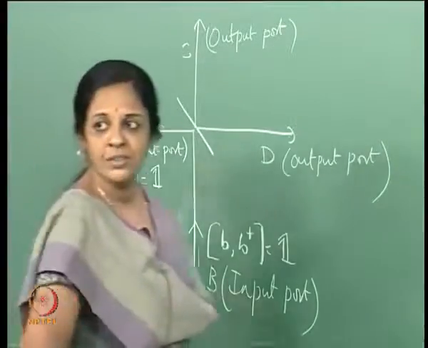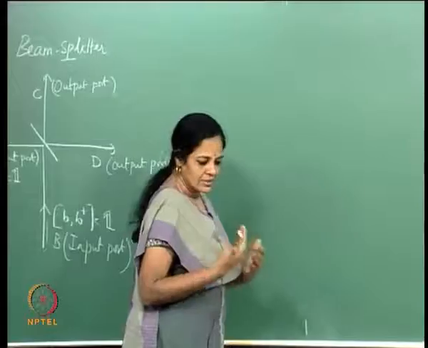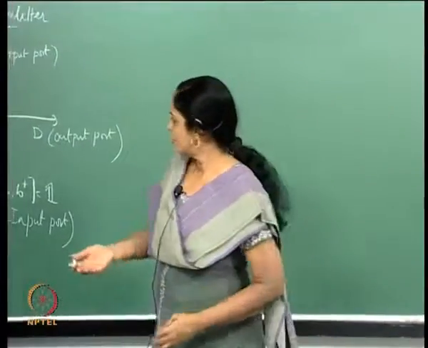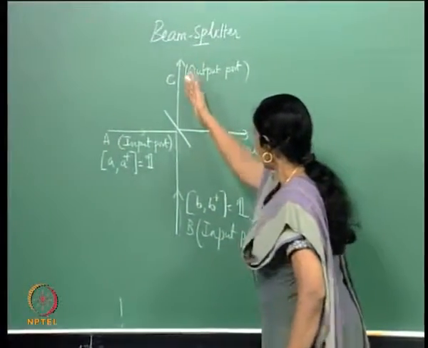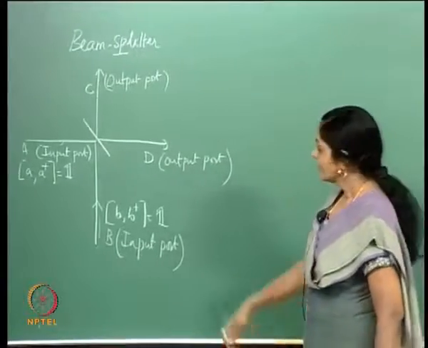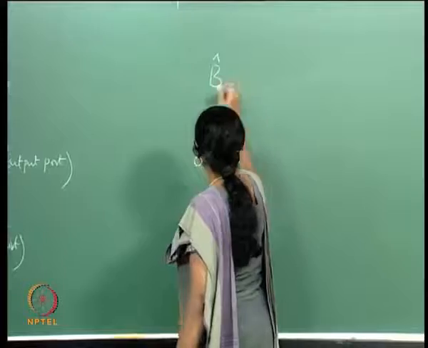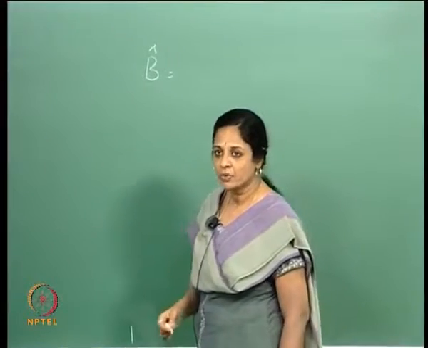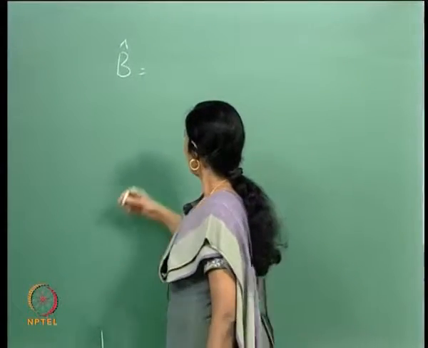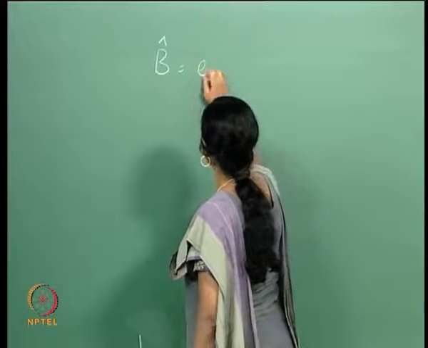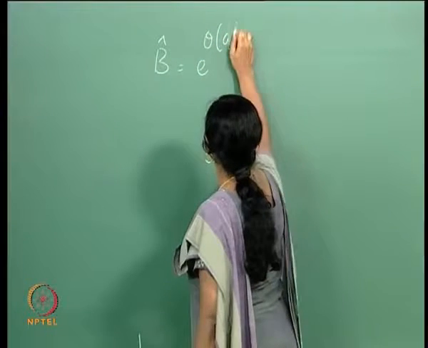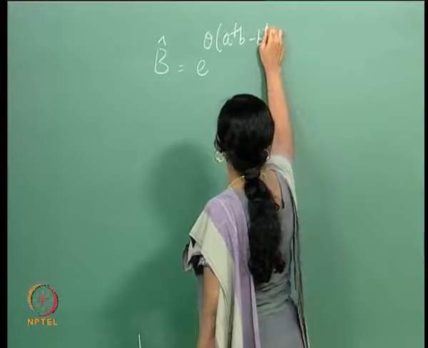The beam splitter itself does the operation of partly transmitting and partly reflecting the photons. The operator is represented by capital B. This is the beam splitter operator, and B is a unitary operator given in this fashion.